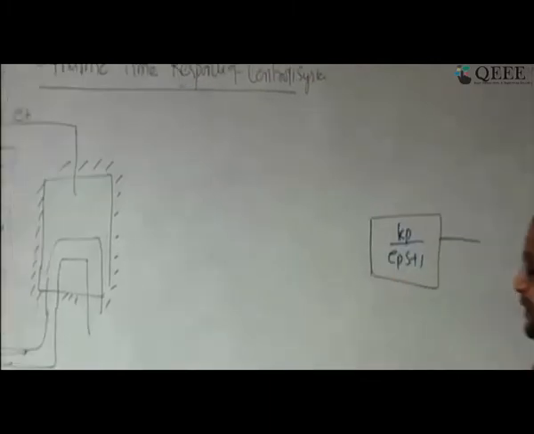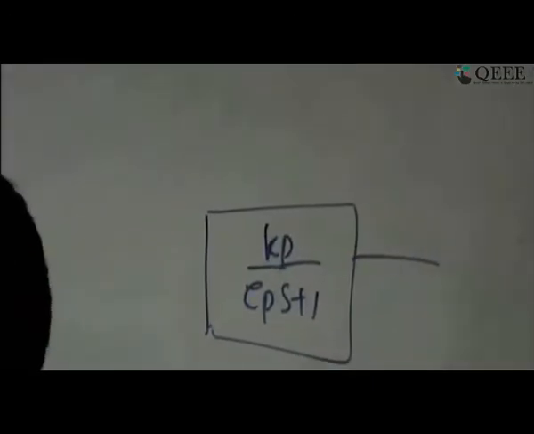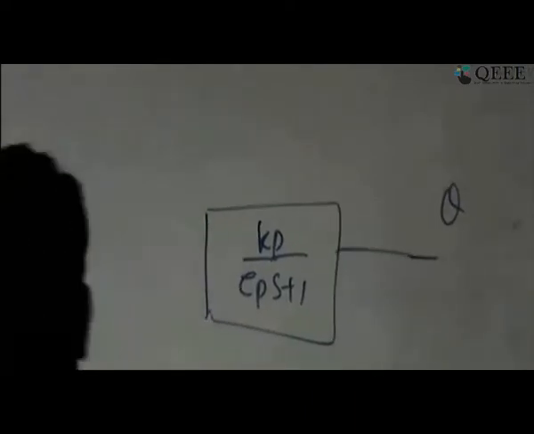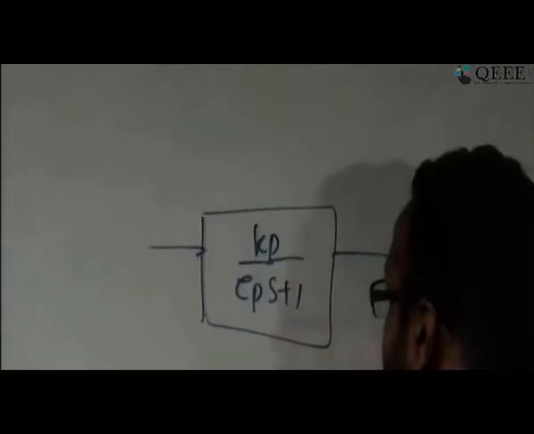Okay, this part: you are giving some voltage, and you are giving a steam flow, which controls the temperature. So theta is the temperature, and the input is written.